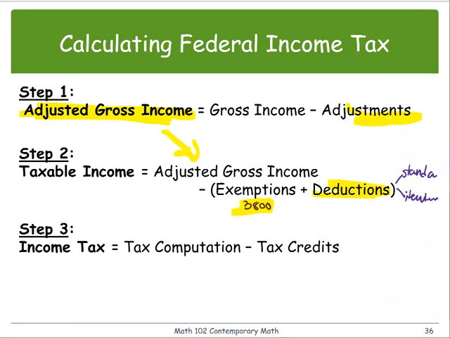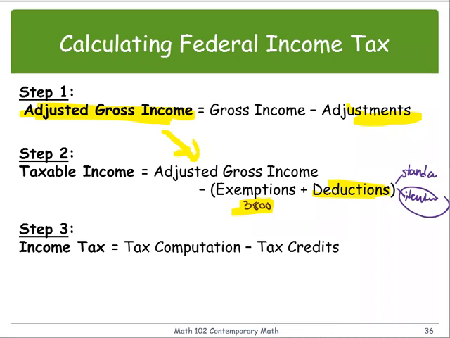Itemized deductions include the interest on home mortgages, state income taxes, property taxes, charitable contributions, and medical expenses exceeding 7.5% of adjusted gross income. And the last step, income tax, is calculated by subtracting the tax credit from the tax computation.